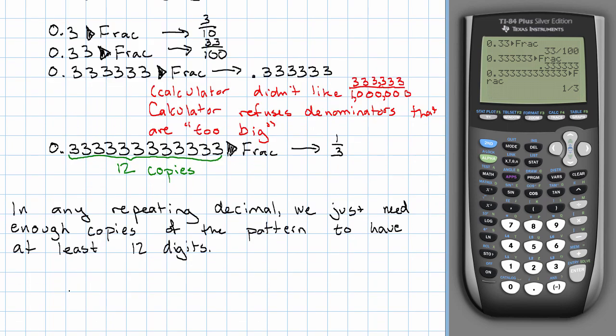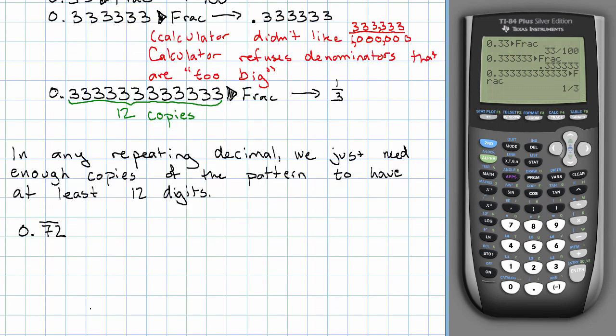So we might have the repeating decimal 0.72 repeating. On the calculator, we would enter 0.72, 72, 72, 72, 72, 72.